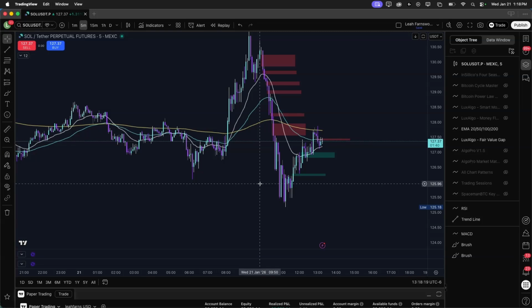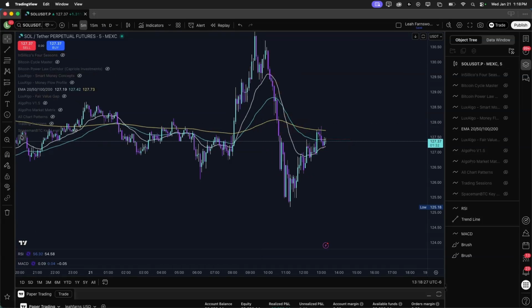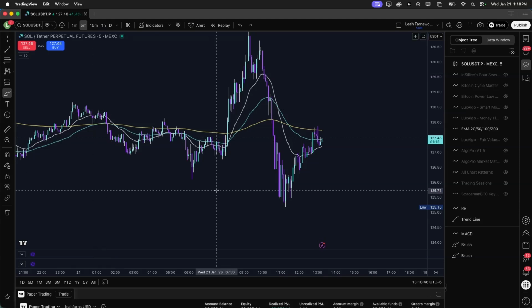The next one I already touched on, but it's general market structure here. Very important in trading. We want to see general overall market structure, meaning higher highs, higher lows for longs, or lower highs, lower lows for shorts. For instance here, we have higher lows coming into effect.